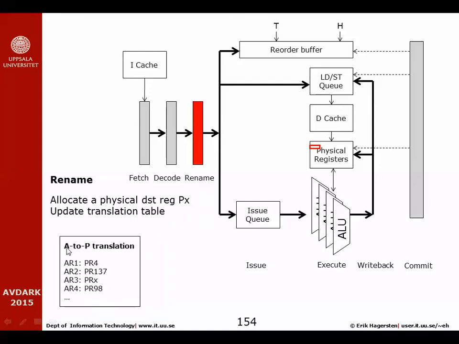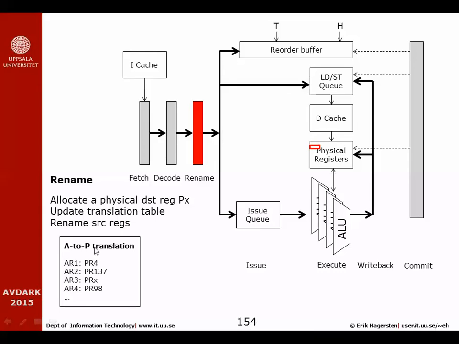So this translation table translates from architecture registers, the registers you would read about in the manual about the instruction set architecture, to some number of physical registers that sit in the register file. So in this example, we renamed architecture register 3, which was the destination register for this, to some specific newly allocated physical register that I call register X. The physical register file is much larger than the number of architecture registers. It can be an order of magnitude larger.